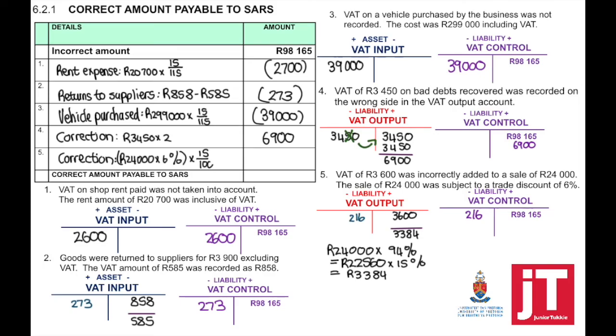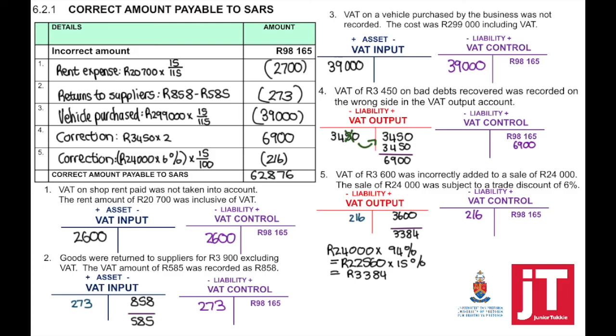Another way that you could have calculated it is by taking the 24,000 and you say times 6%. That equals the amount, the trade discount, which we should have subtracted. Now that is excluding VAT. We still need to times it by 15% to find out the VAT amount, and it gives you exactly the same answer.